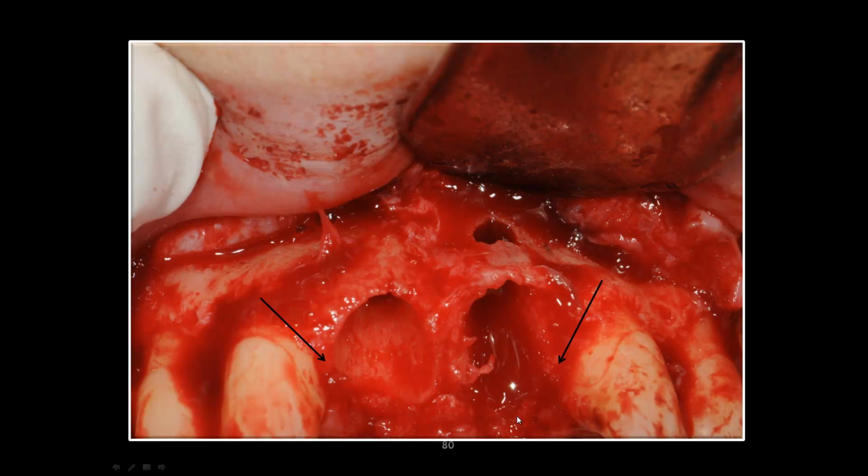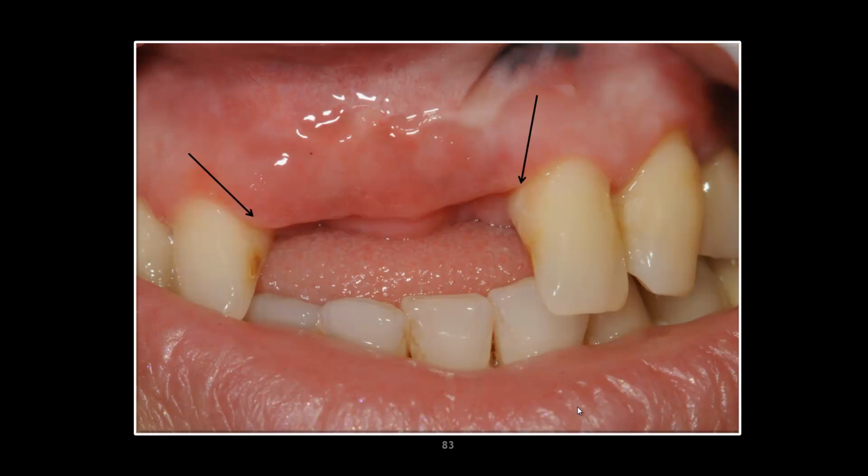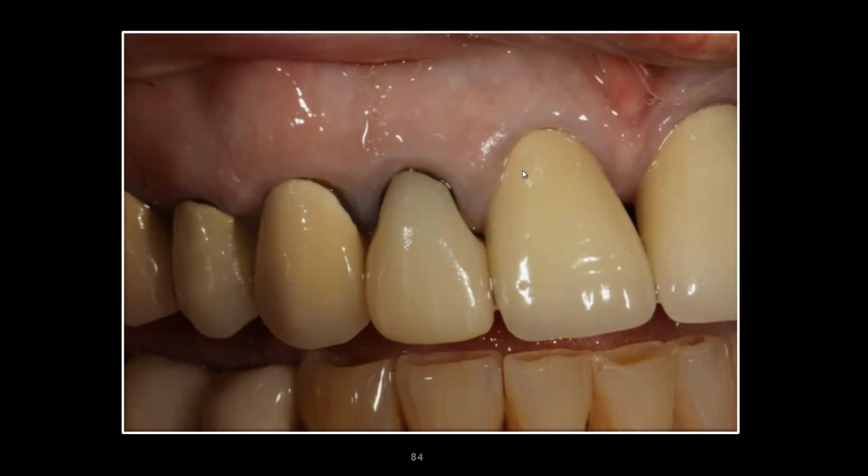I usually use it from the palatal. We got primary closure. And remember how the bone resorbs, and we had the black triangle on this tooth. Looking at the anatomy of the bone, we can predict its position and how it's going to affect our clinical result.